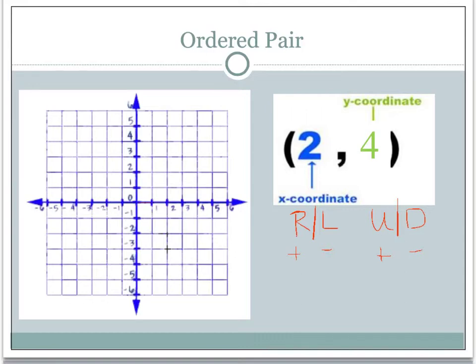So we're going to just draw this moving 2 units to the right, and then from there we would move 4 units up because it's positive 4, 1, 2, 3, 4. Where we stop, that becomes our final point, and we can label this point 2, 4. Now you'll notice that this point is in the first quadrant because both the x-coordinate and the y-coordinate are positive.